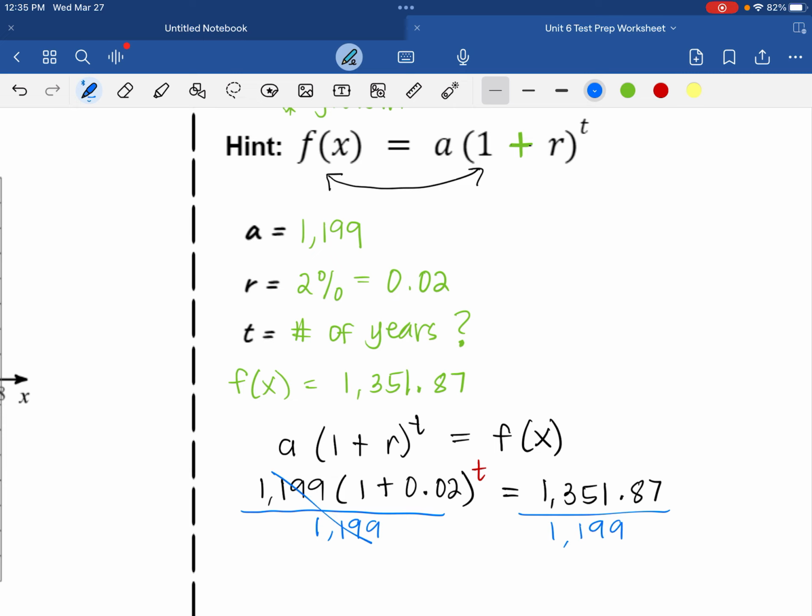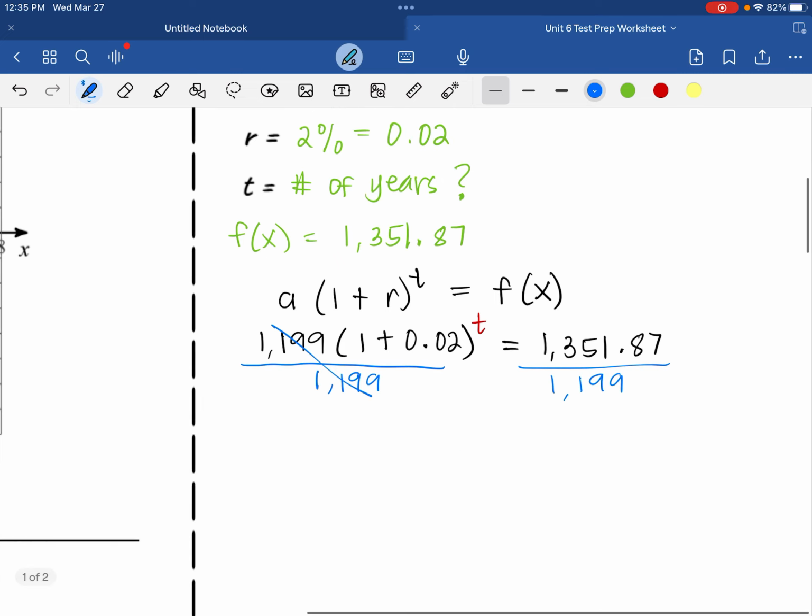So we are left with 1.02 to the power t. And then if you are going to use your calculator and try to divide these two, it will give you a decimal. So we are going to keep the fraction. We're going to handle this later.